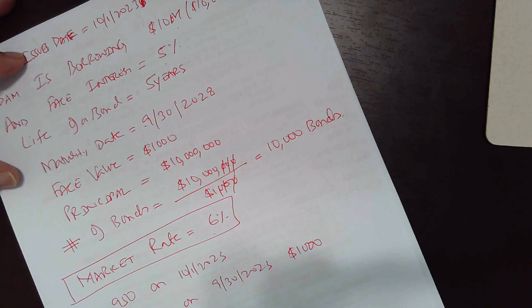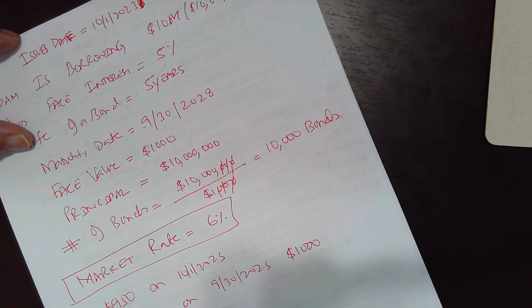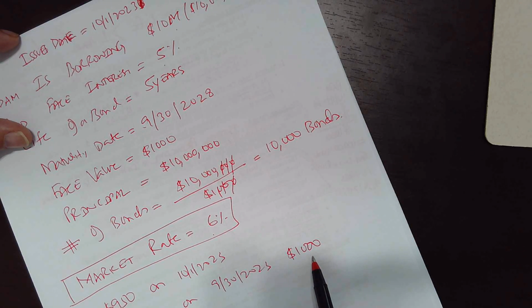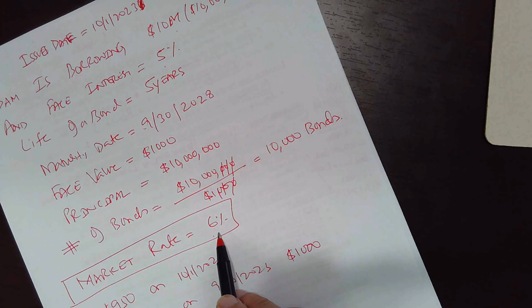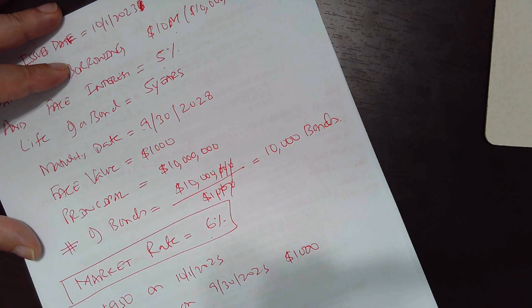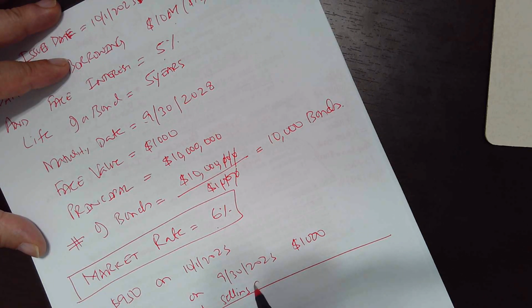So today he is asking $950, but he will give you $1,000 for a bond. Basically he has to sell this at a discount to lure you into buying his bond, because the market is offering 6% interest. So this is an example of a bond selling at a discount.